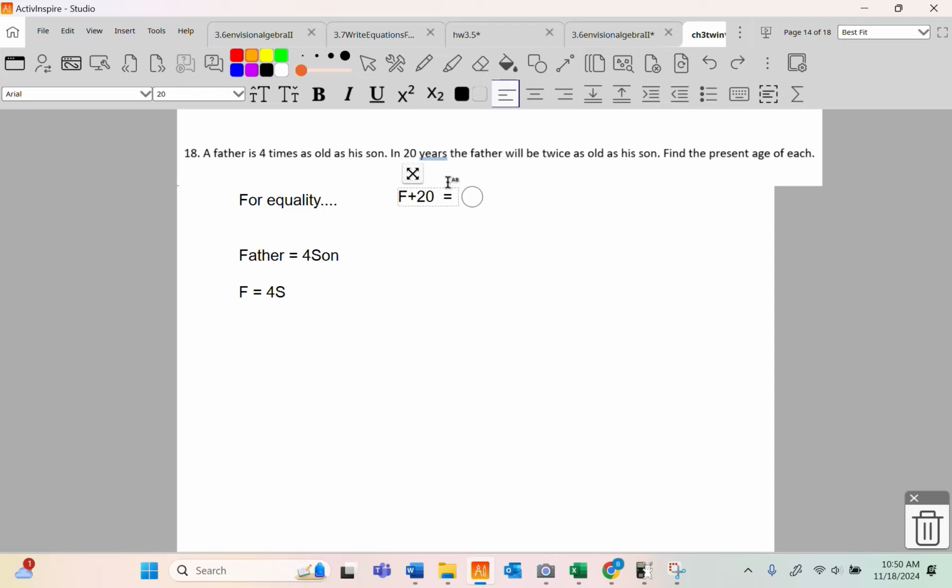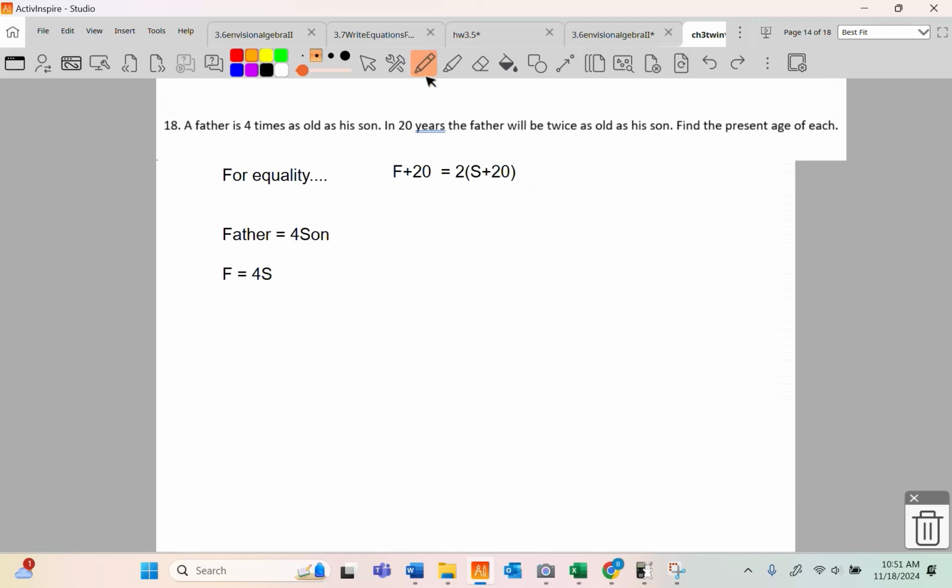Well, first off, the son aged 20 years, and now he's twice as old. This is the equation that's going to get a lot of kids. So you need to sit there and make sense of it. But the kid has to age first, and then you can double for equality. And that's the hard part.